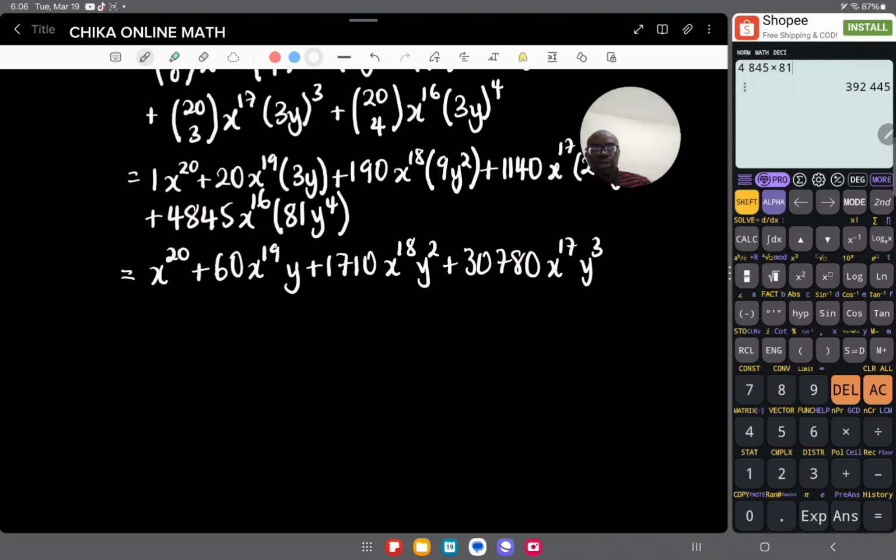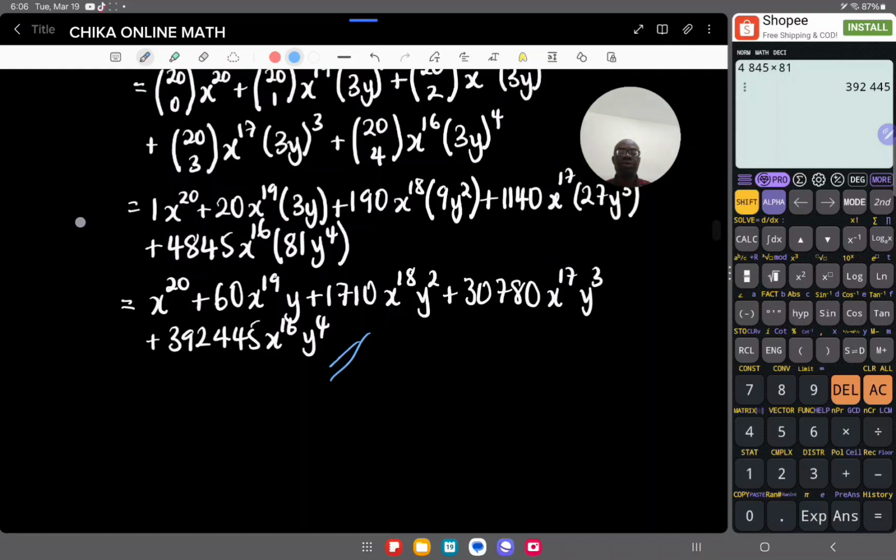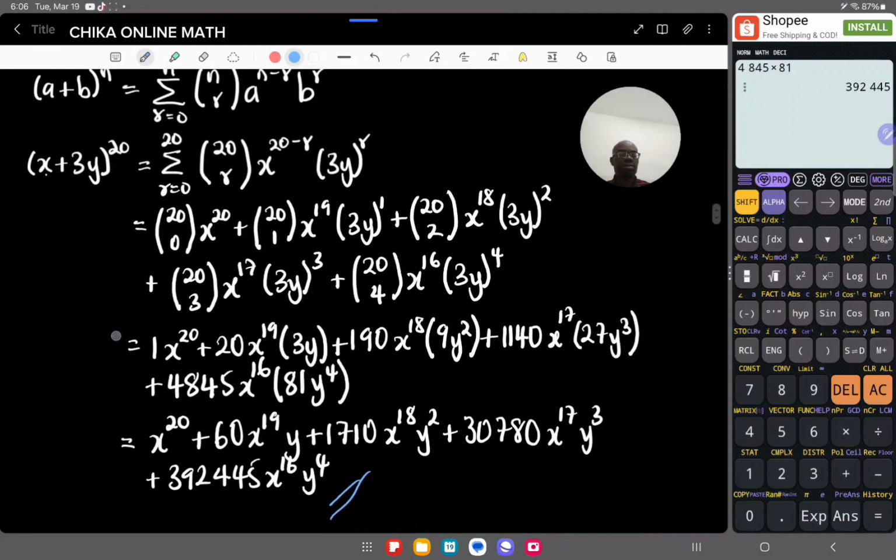So this gives us 392,445 x raised to power 16 y raised to power 4, okay? So this is our answer. So the first 5 terms of the expansion is what we just got as our final answer. So this is our final answer, okay, for our example 3, okay?